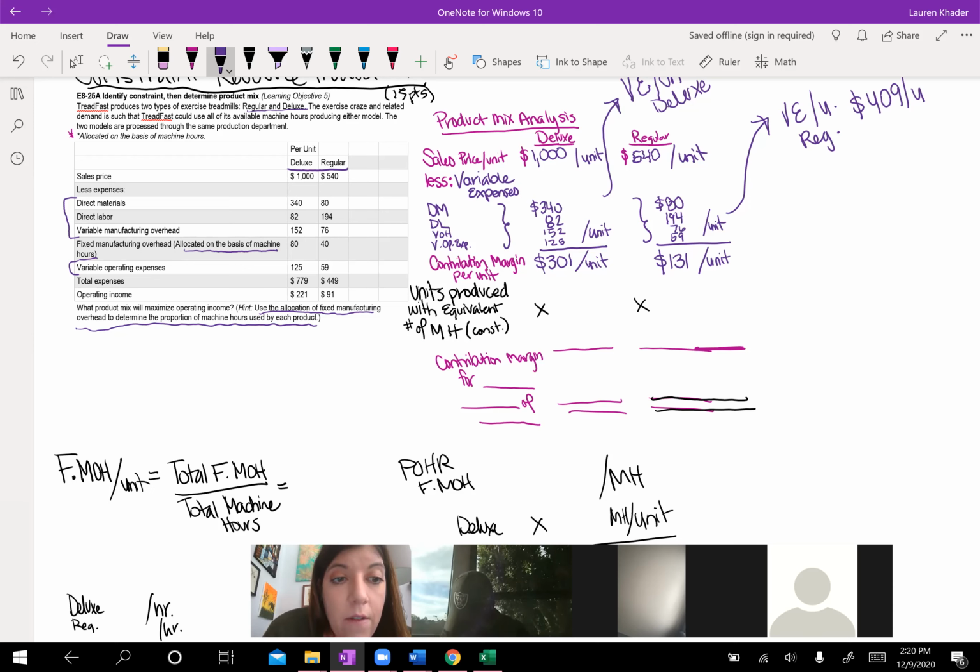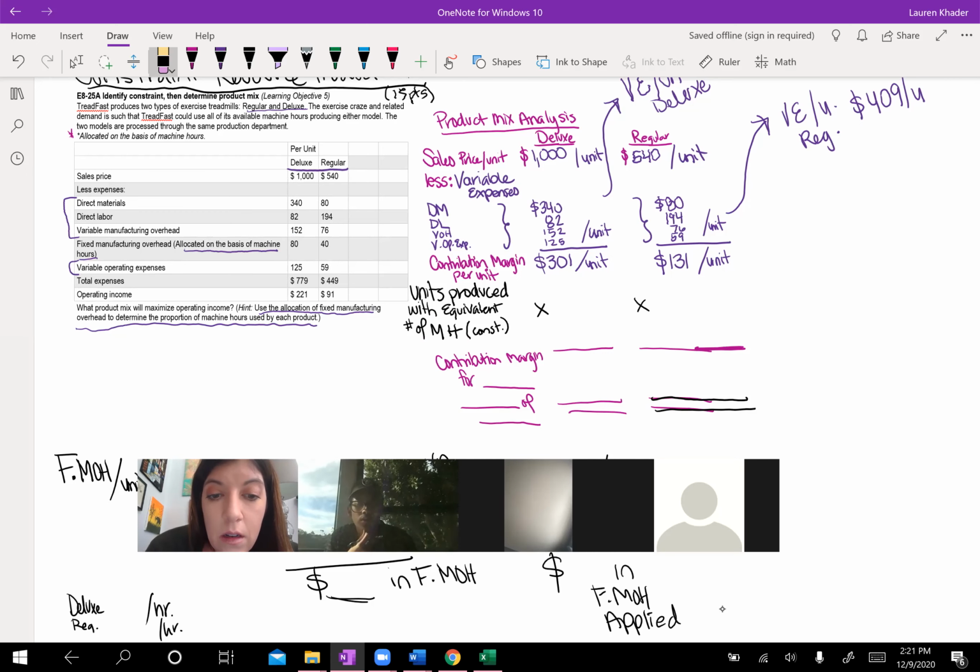So if we have fixed manufacturing overhead of $80 per unit for deluxe versus regular, that means that the deluxe model is using 2 times the amount, correct? Yes. So it takes twice the amount of time to produce the deluxe that it does for the regular.